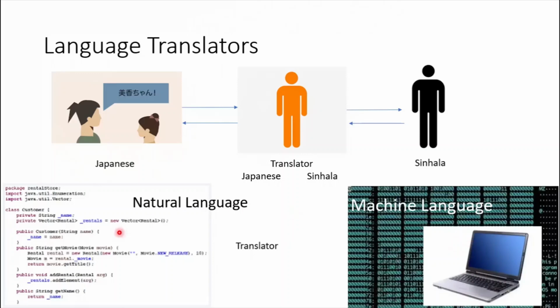The computer would not understand this English text. So there should be a translator between these two entities, right? So this is a translator. Under computer operating systems, we can find a translator to convert a program code into a machine code. That is the job.